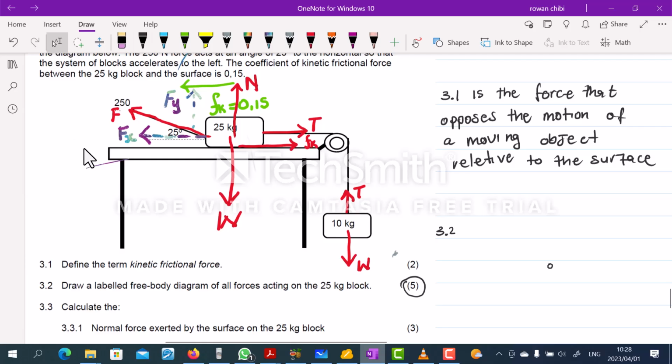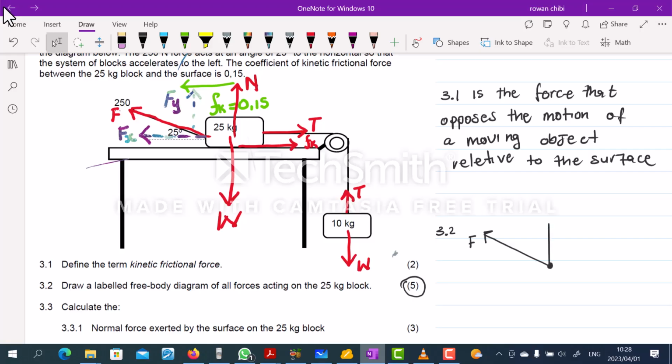So for 3.2, we indicate our object with a dot. Then let us do the first force. The first force will be our diagonal applied force, so we label it as F. Then the second force would be the normal force.